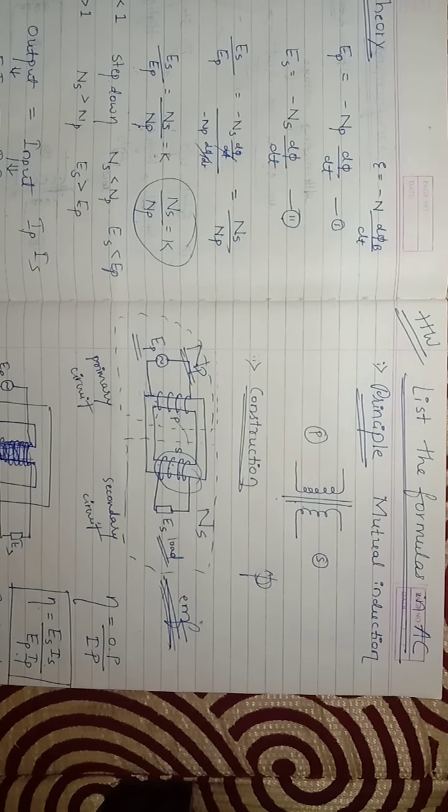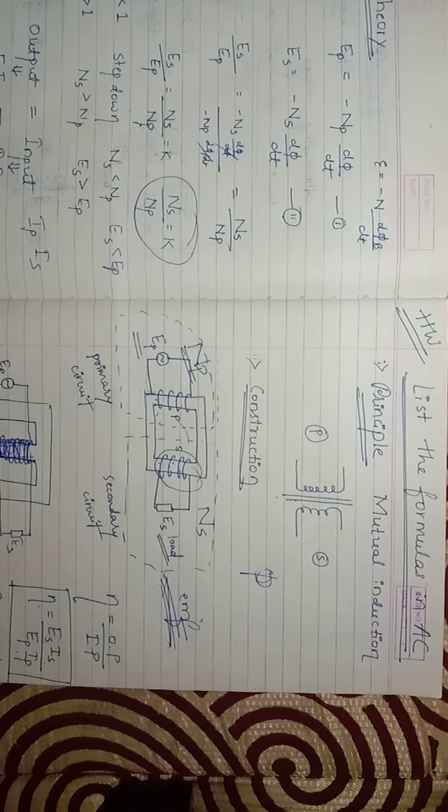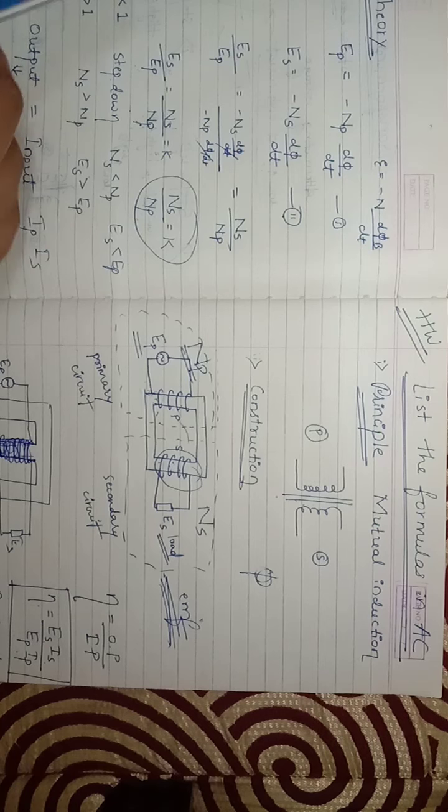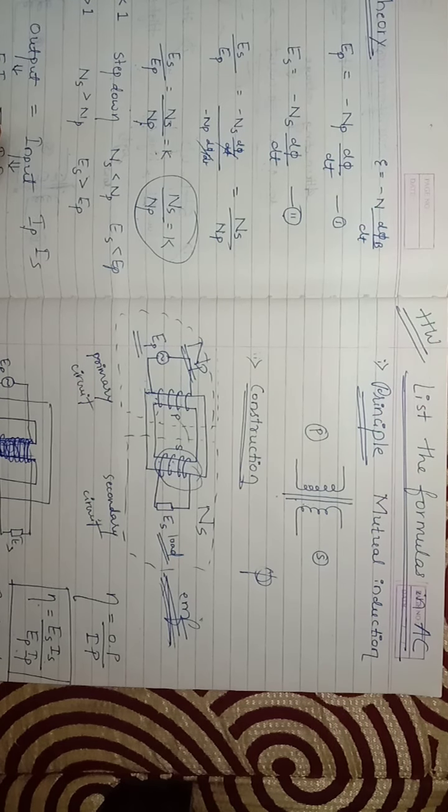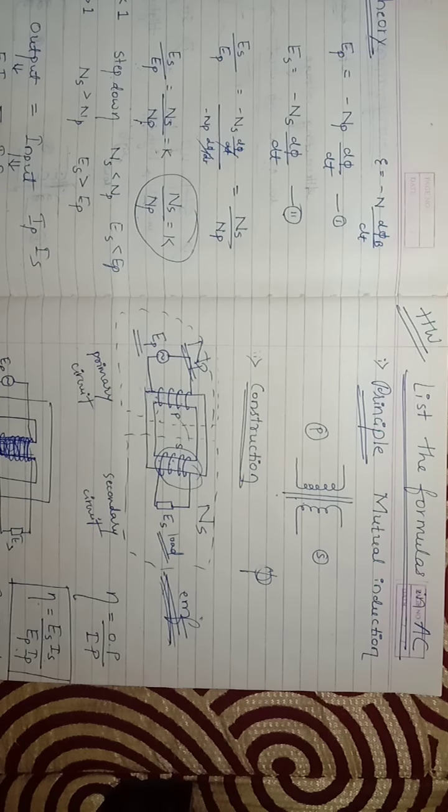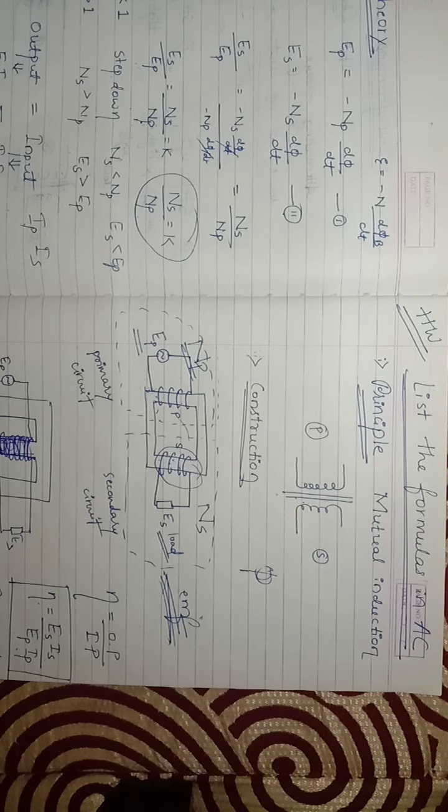Also revise all the things we discussed in the alternating current chapter, and if you have any doubts, please contact me and get clear with your doubts. Next class will be the last one on the alternating current chapter. So two things: list the formulas and come with your queries to discuss in the next class. Okay, thank you, take care.